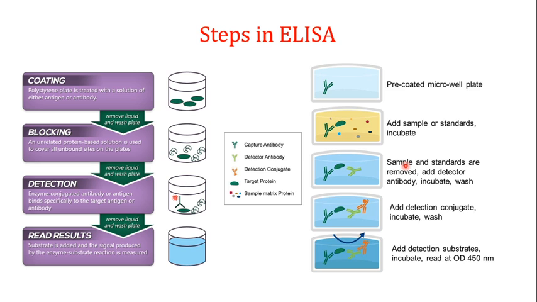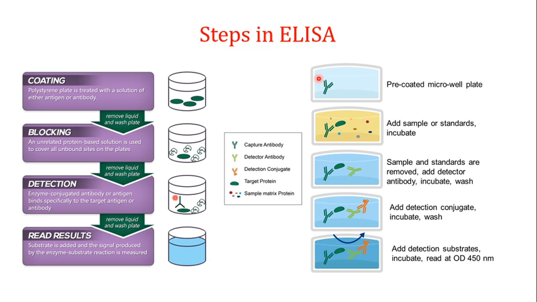Now, if I give you a summary of the steps of the ELISA, the first thing you have to do is pre-coat the micro well plate. So you are preparing the wells of the microtiter plate for the attachment of the target protein or the antigen. In this particular case, I'm showing you the indirect attachment method.